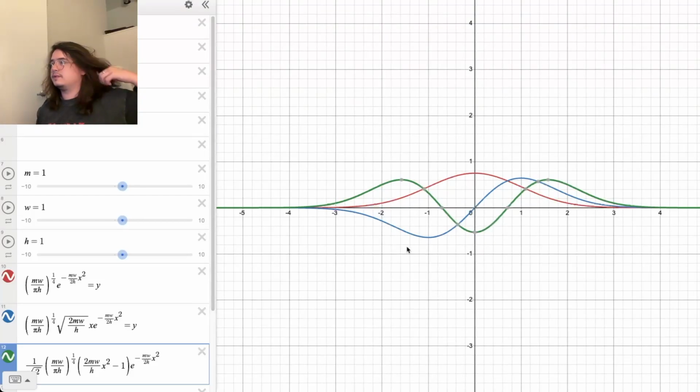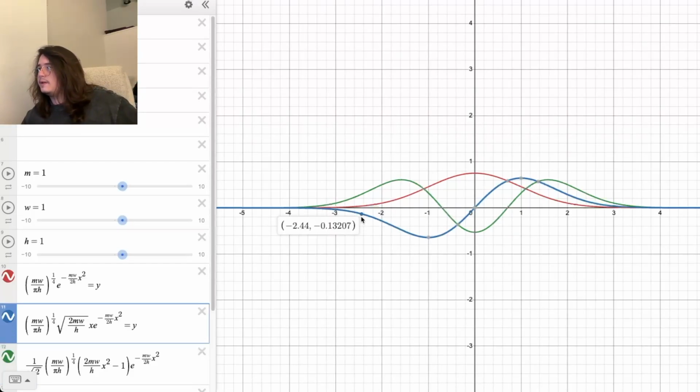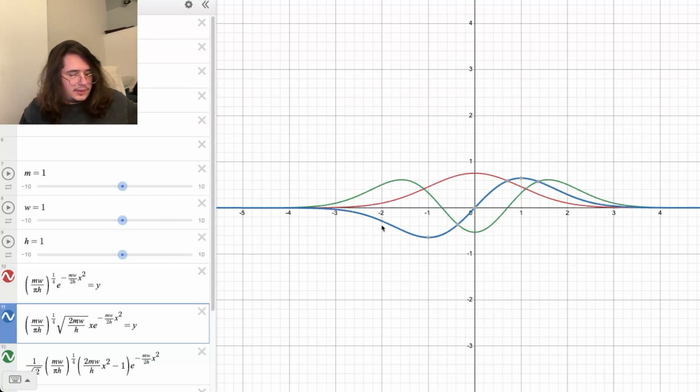So, interesting to note, psi1 is antisymmetric about the origin, and the negative component will exactly cancel out the positive component whenever you integrate over all space. What I'm saying to you is the integral of that thing is 0.